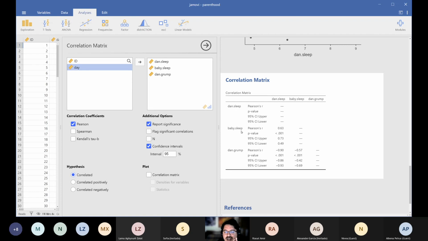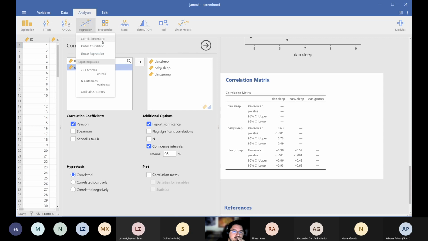All right. So we have identified correlations, and we have identified that they are linear. We want to move forward to the linear regression part of the work, which is when we decide that grumpiness is going to be the response.